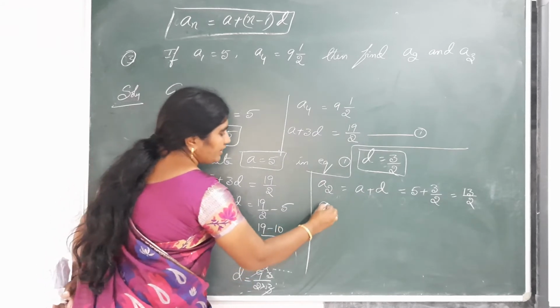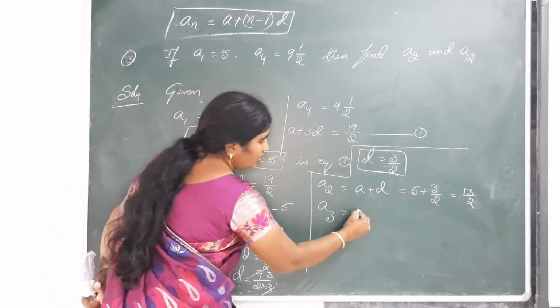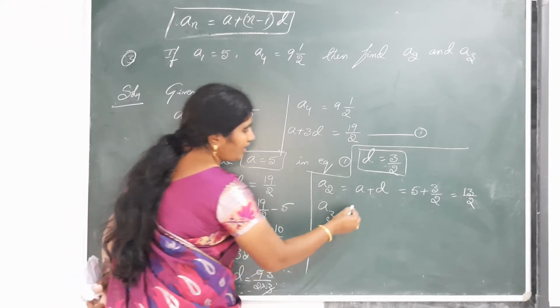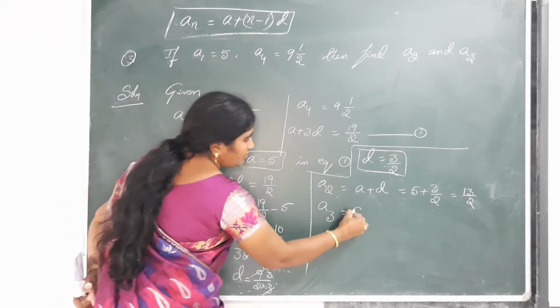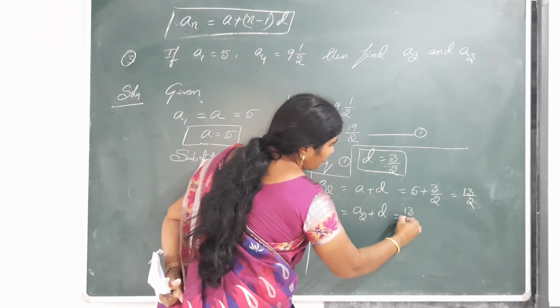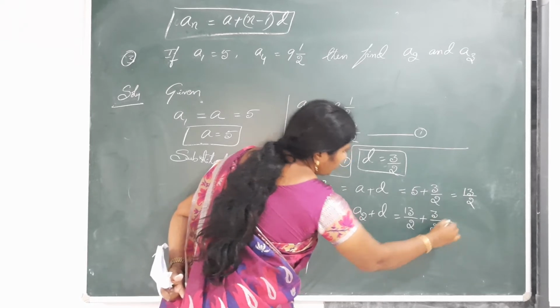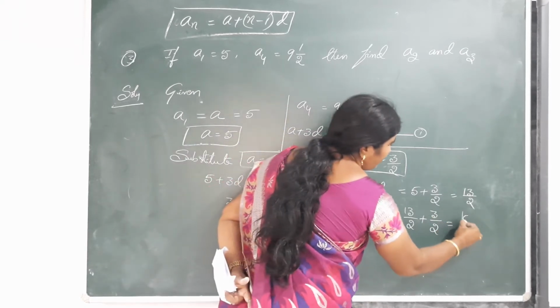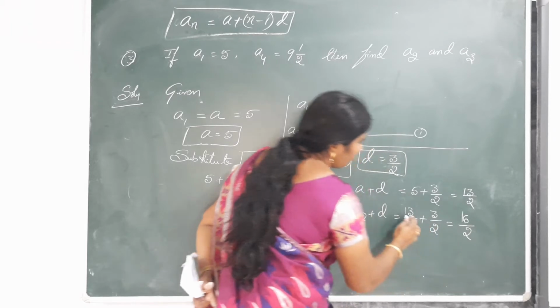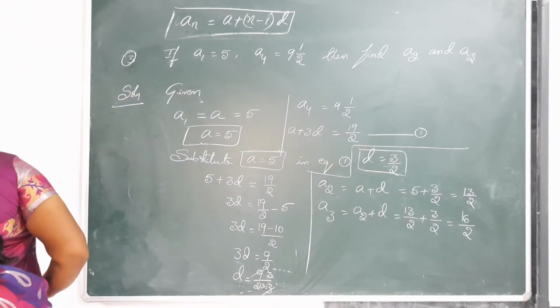Next, A3 equal to A2 plus D, or A plus 2D. A2 value is 13 by 2 plus D value 3 by 2, that equals 16 by 2.